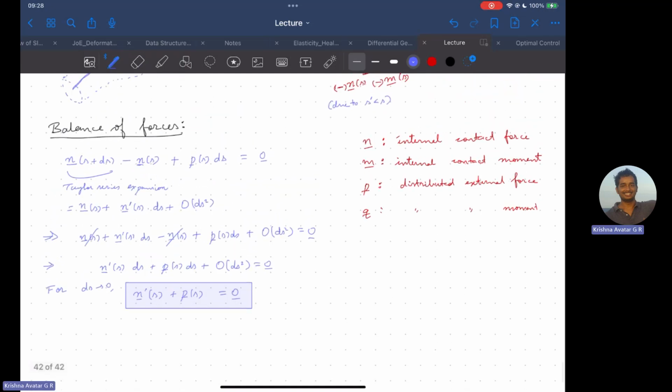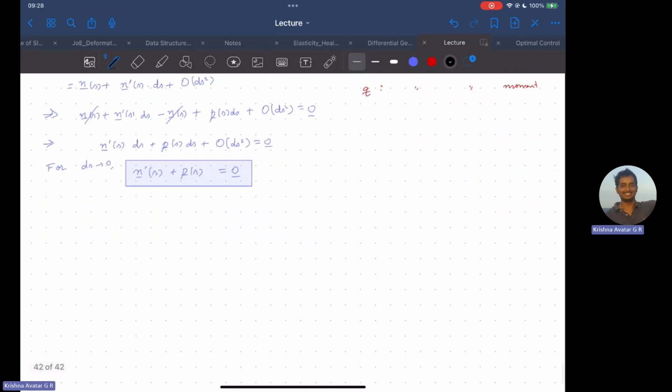And the other part was the moment balance equation, balance of moments.